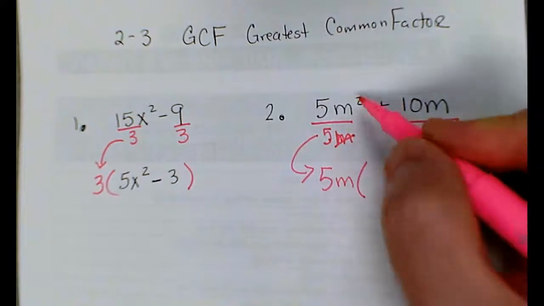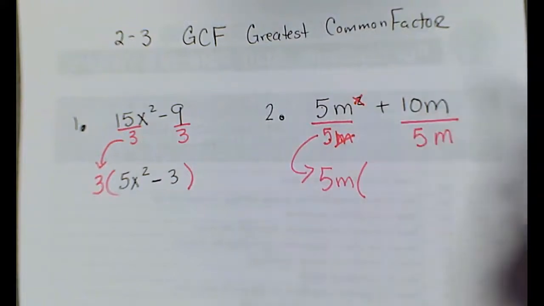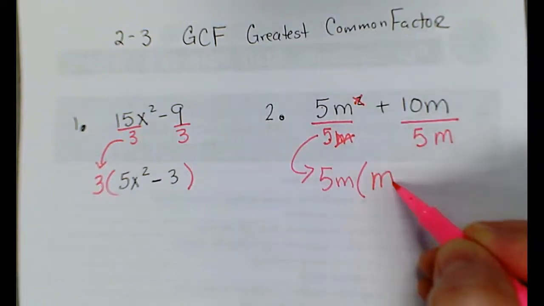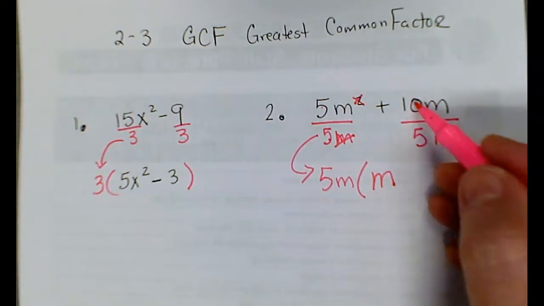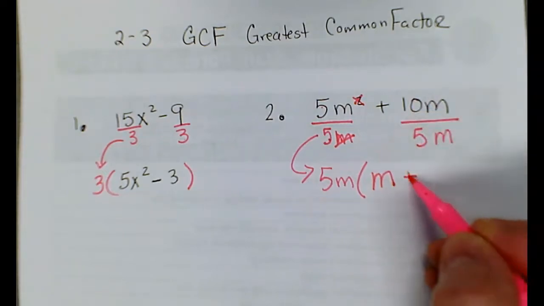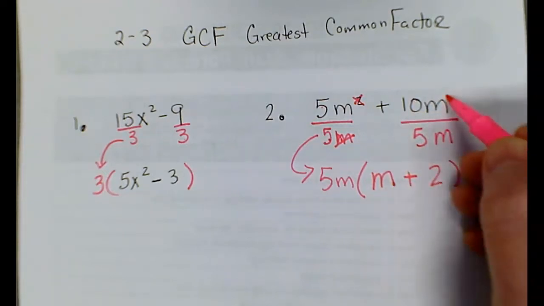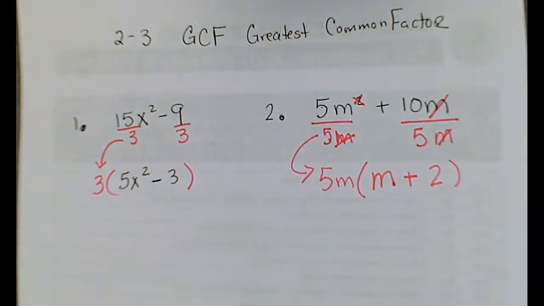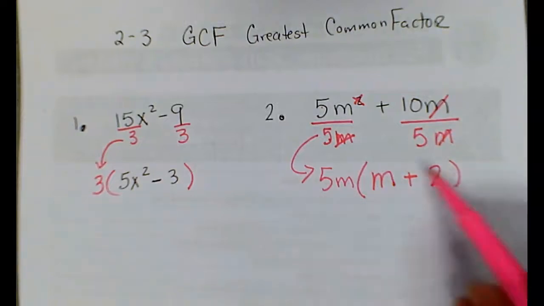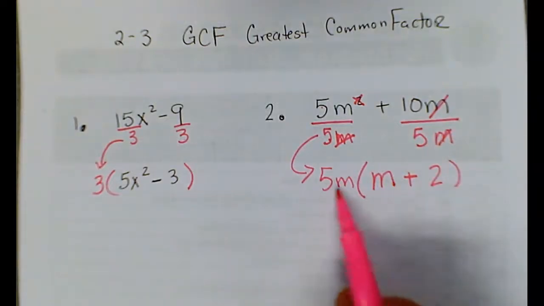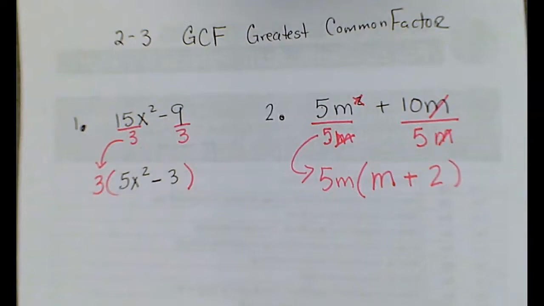And this m cancels one of those and 1 is left. That's what I was doing on the yellow paper. 10 divided by 5 is 2, and these m's cancel. If I distributed this number that's out in front, it would be equal to the one that I started with.